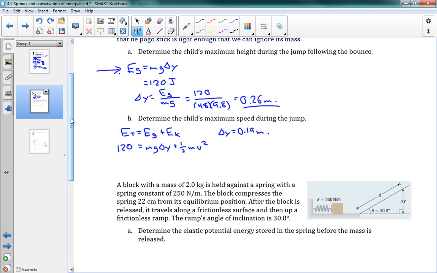So if we want to solve for v, it's going to be equal to the square root of, and this is going to be a mouthful, 2 over m times 120 minus mg delta y.